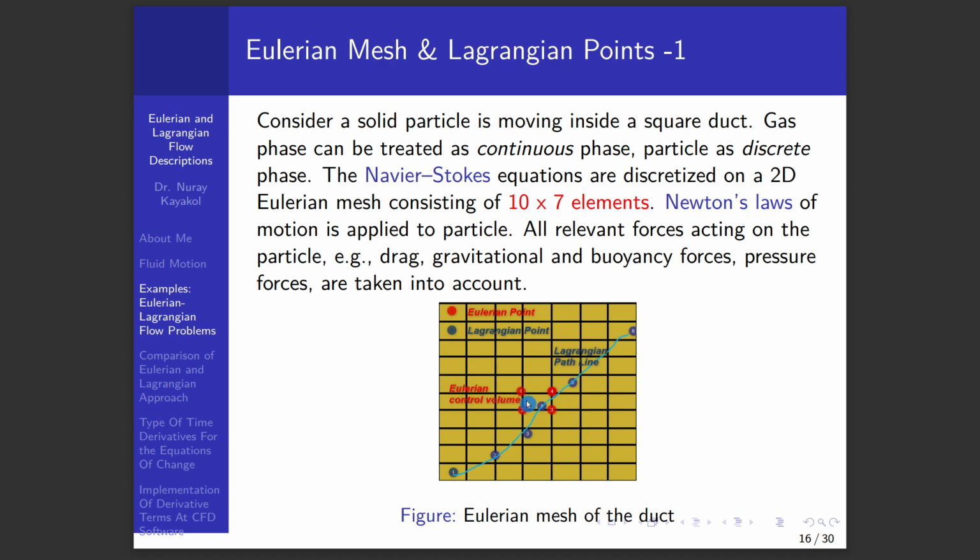So I put some numbers 1, 2, 3, 4 to show you the corners of the control volume. As you see, the number 4 is not at the corner of the control volume, but hits somewhere.